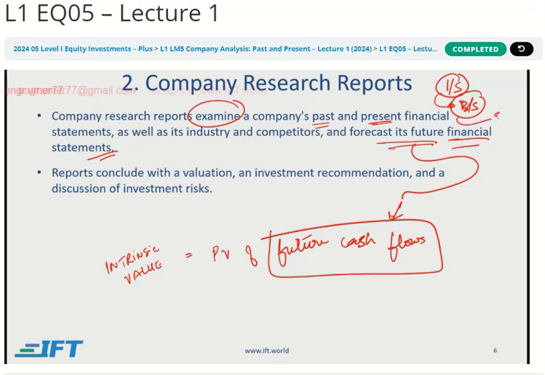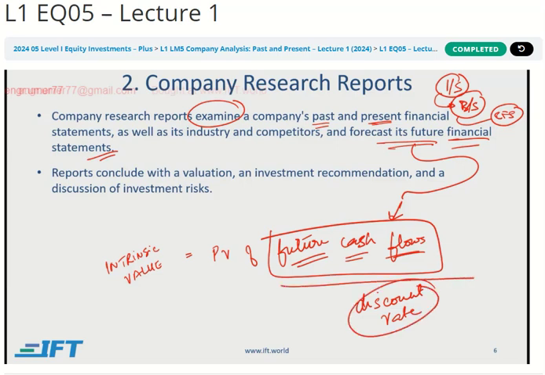And then once you have your forecasted balance sheet, you make your cash flow statement. And then once you make your cash flow statement, you know the future cash flows. And then using an appropriate discount rate, right, which is another discussion altogether, that what should be the appropriate discount rate depending on the risk of this business, you can discount them, and bring it back to the present value.